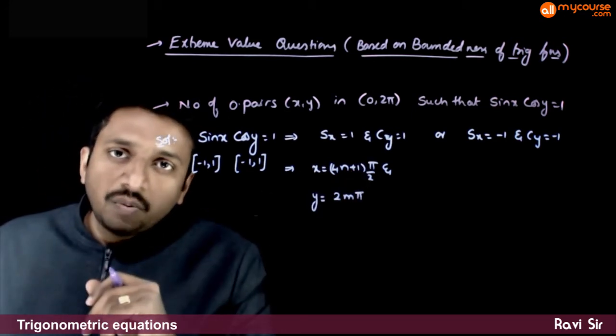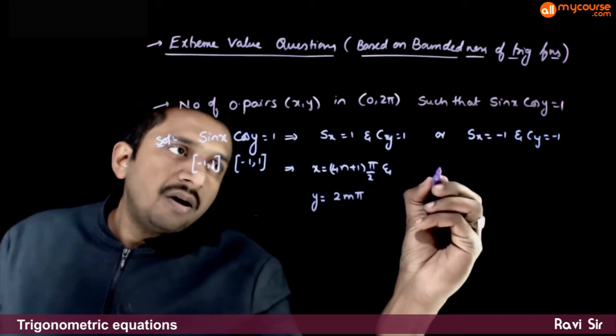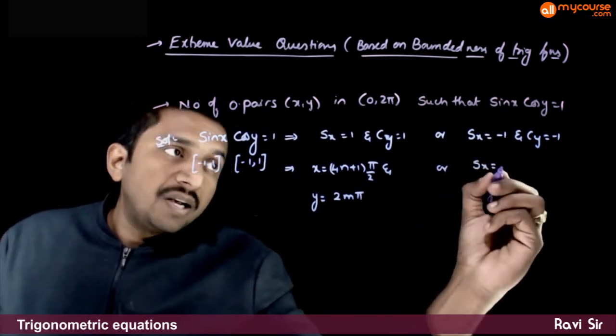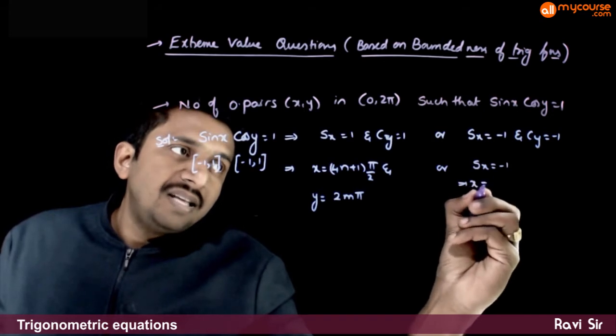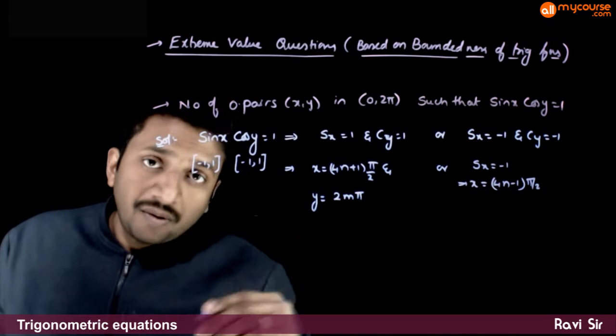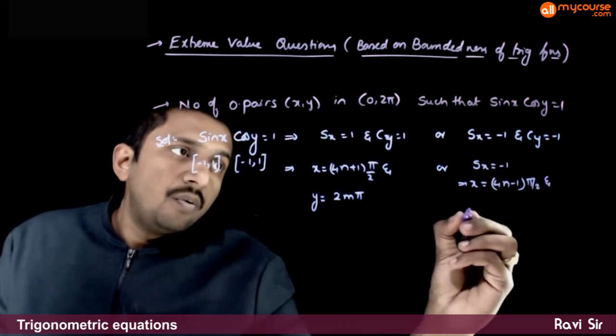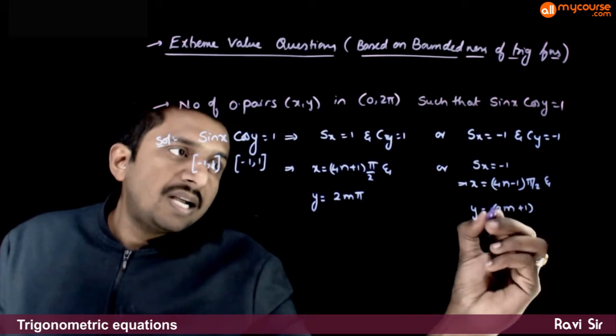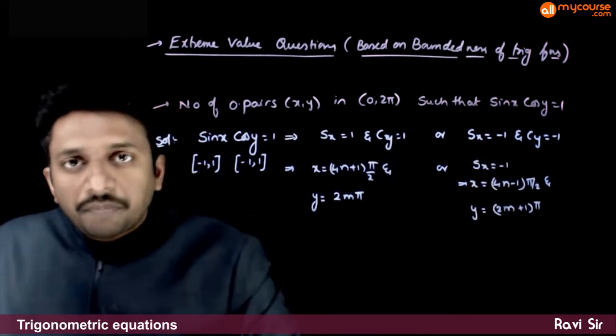Cos y will be equal to 1. So this is one option, or sin x has to be equal to -1 implies x is equal to 4n minus 1 times pi by 2. We have already derived this. And y should be equal to 2m plus 1 times pi, odd multiples of pi.